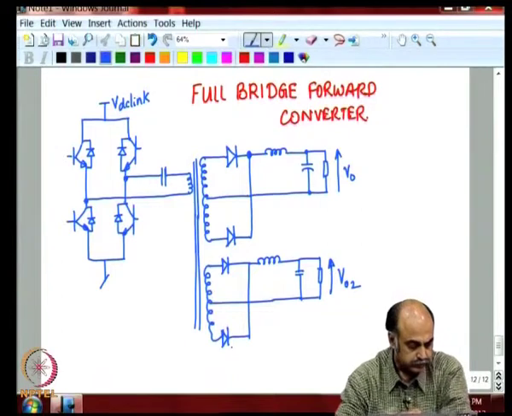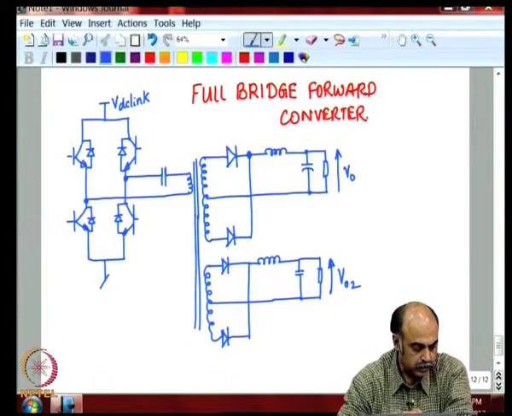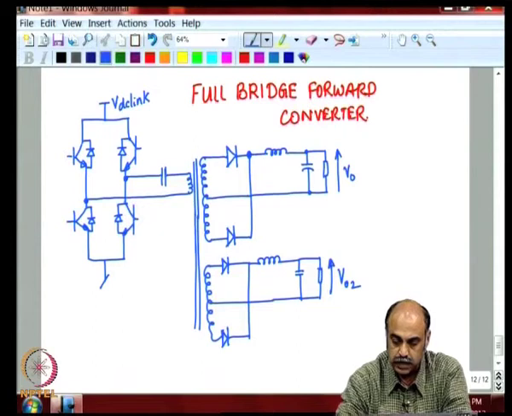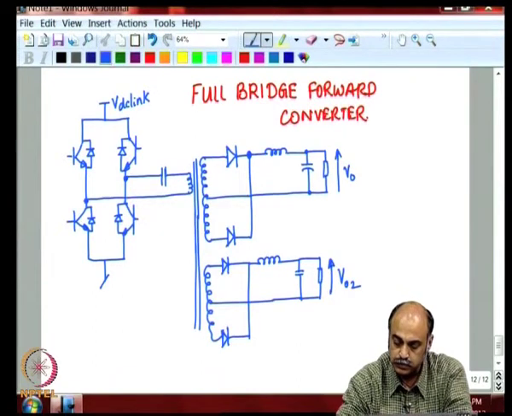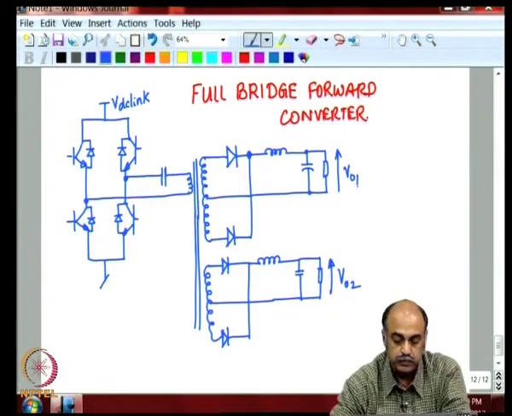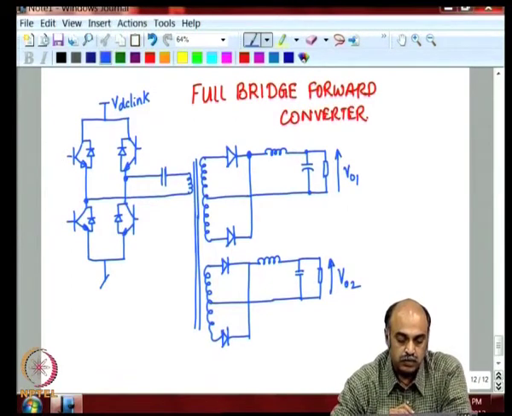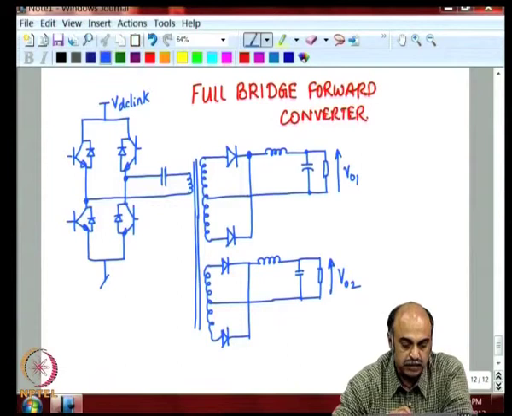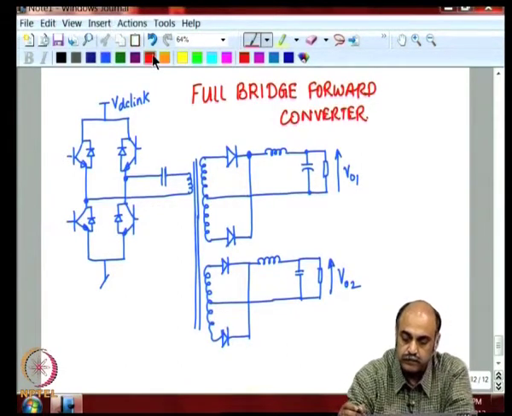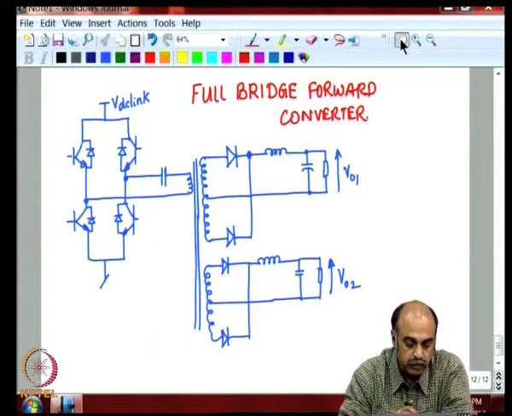Now, let us consider this kind of a circuit, and we want to design this DC-DC converter, the power circuit. So, what does it imply? It means that you need to rate the various components.